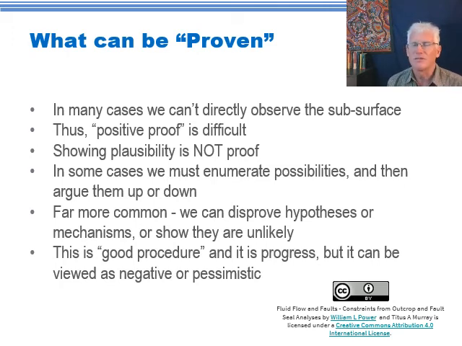Likewise, if you say that we think this fault is sealing to hydrocarbons because we can see this in a particular spot and see that in another area, in many cases you're just saying that it's plausible, but you're not proving that a particular mechanism has been operating. So in some cases, or actually most cases, I think it's most responsible to just enumerate the possibilities and then argue them up and down in likelihood.